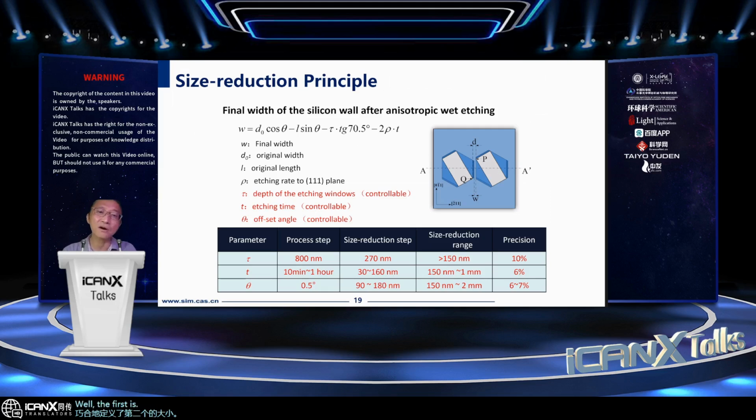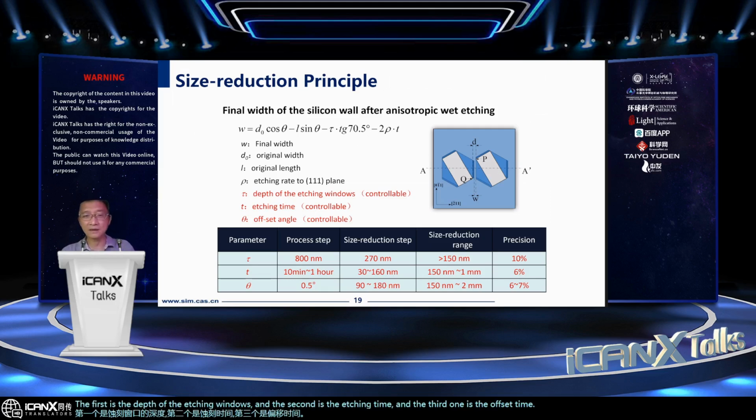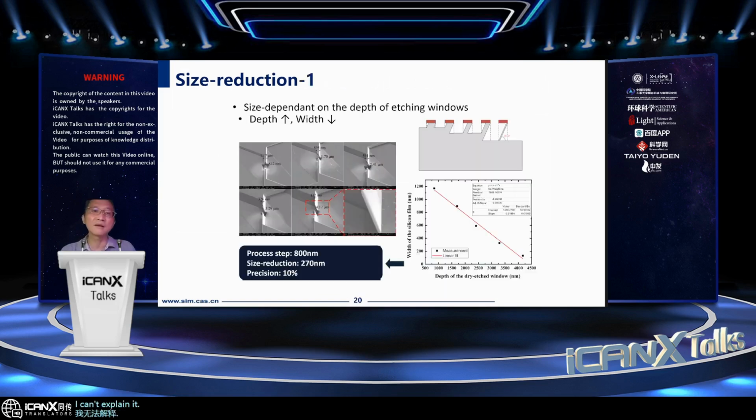First is the depth of the etching windows, and the second is the etching time, and the third one is the offset angle. I can explain it in detail. The first part is we can define the depth of the etching windows. From this slide, you can see if we have the depth further, we can have the width smaller.